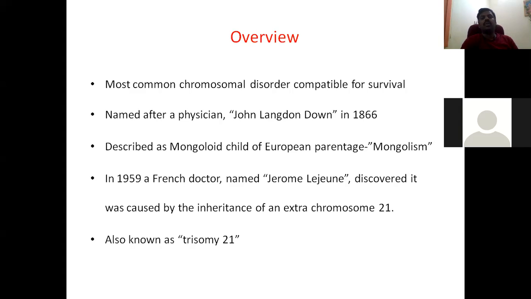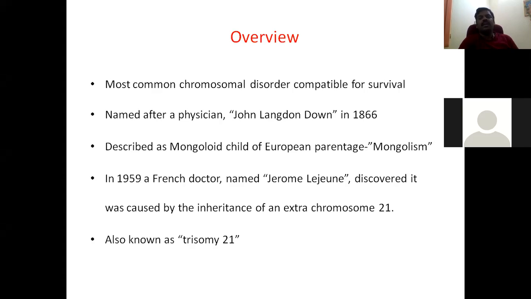So this is the most common chromosomal disorder that is compatible with survival, and it is named after the physician Langdon Down. In 1866 he described the phenotypic features of Down syndrome. At that period he did not know the main reason why these children are like this, but he described a group of children presenting with similar phenotypes.